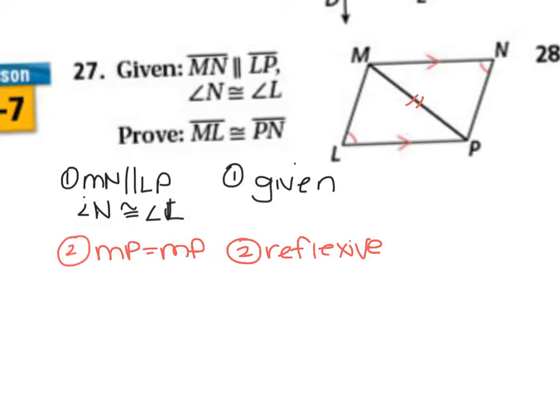And then, so I've got 1 pair of sides, 1 pair of angles. I need some other piece of information, and they gave me that the lines are parallel. So if MN is parallel to LP, why would they tell you that they're parallel? What do we know about angles formed by parallel lines? What kind of angles?